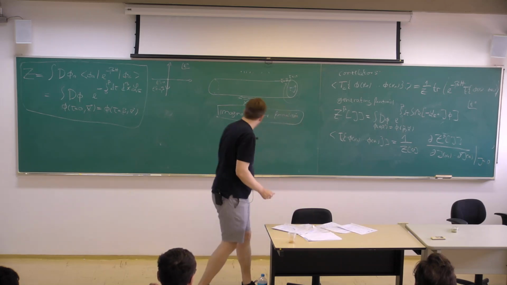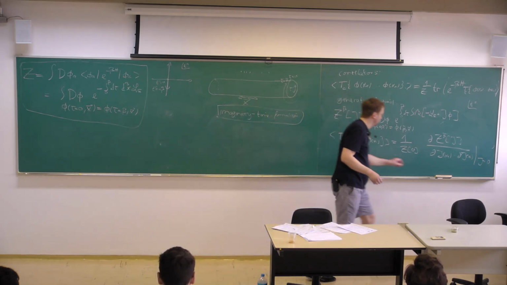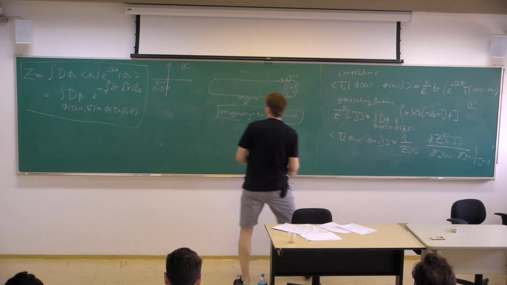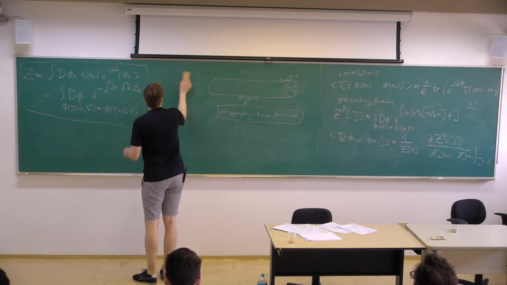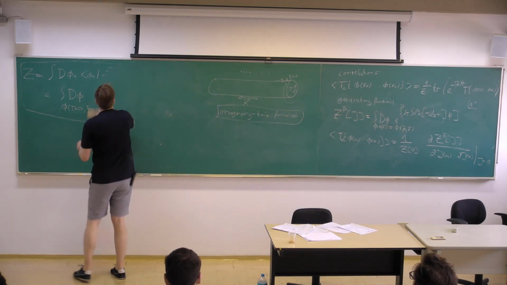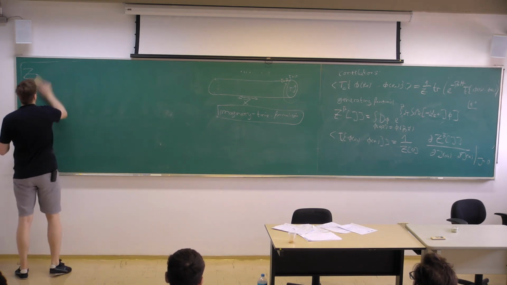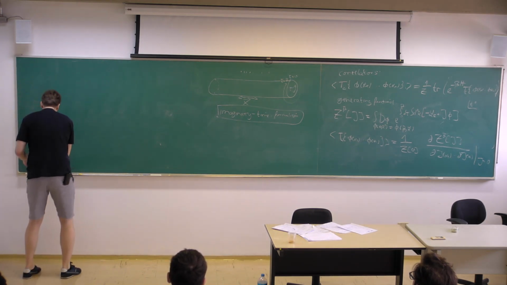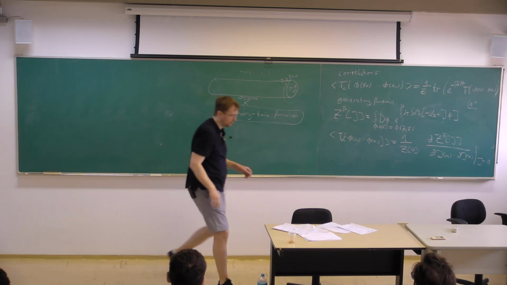Okay, so now I have a generating functional, and now I can go through the same steps as we did before.